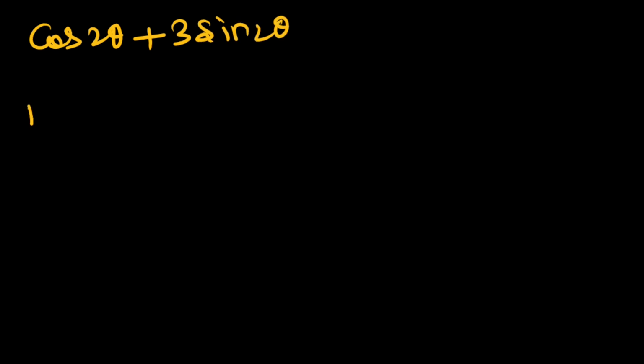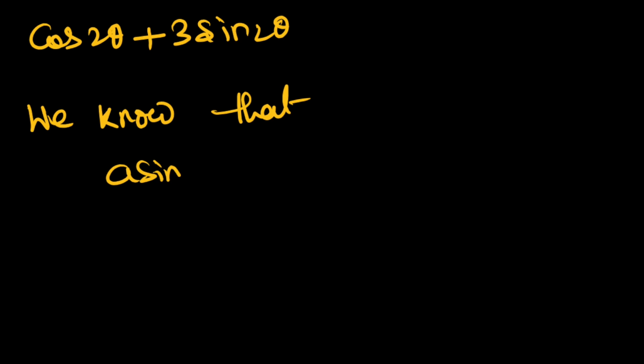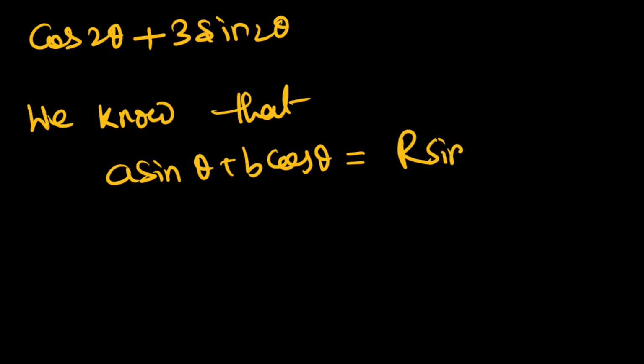So we know that a sin theta plus b cos theta can be written as r times sin of theta plus alpha. Any function of this type can be written as r times sin theta plus alpha.